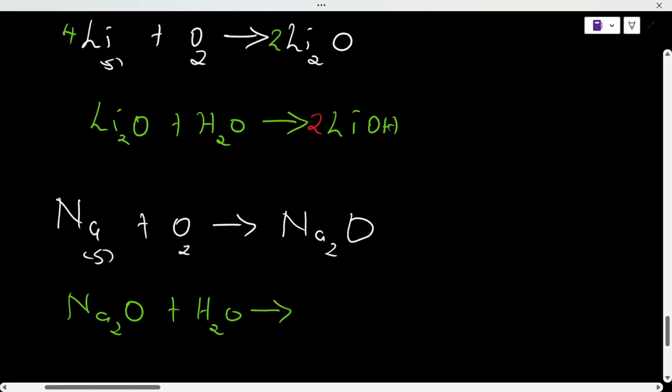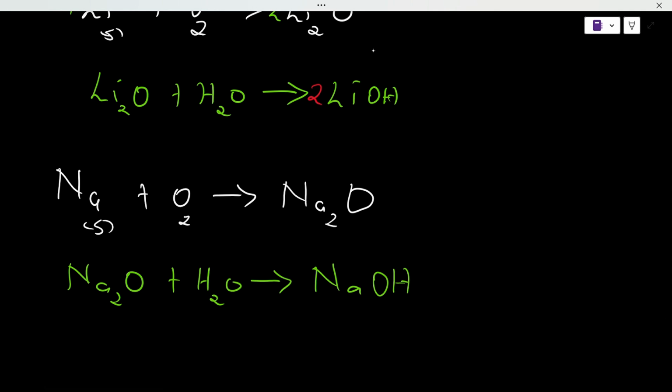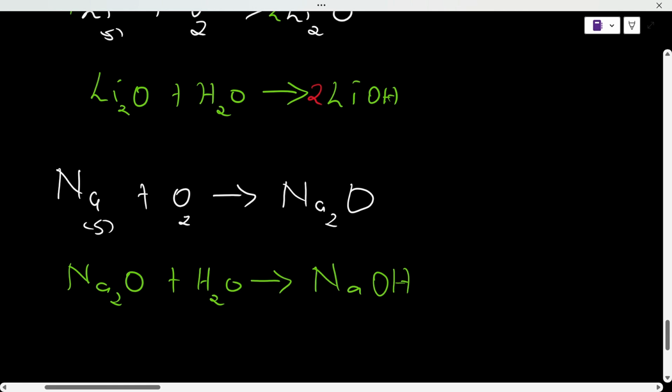Then I'm going to form sodium hydroxide. When I want to balance it, I'll simply bring in a 2 again here to ensure that it is balanced.